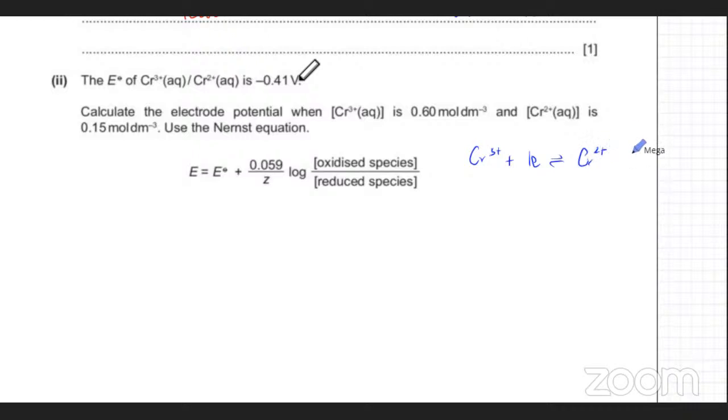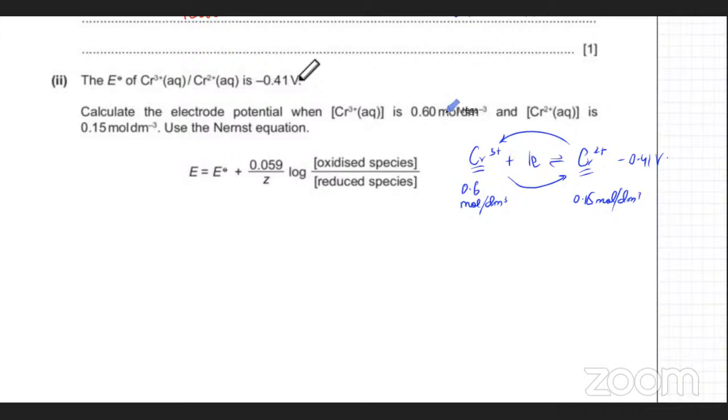And the E naught value is minus 0.41 volts. The oxidized species is the left one, the one that's formed after oxidation, and the reduced species is the one that's formed after reduction. So our oxidized species concentration is 0.6 mole per dm³, and our reduced species concentration is given as 0.15 mole per dm³.